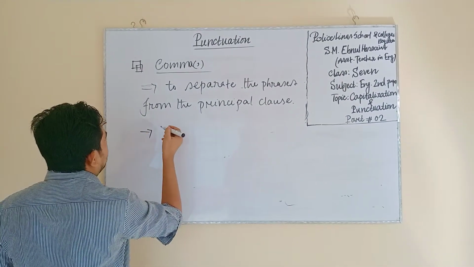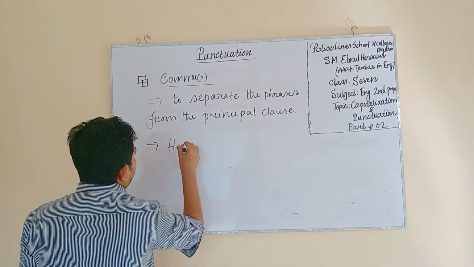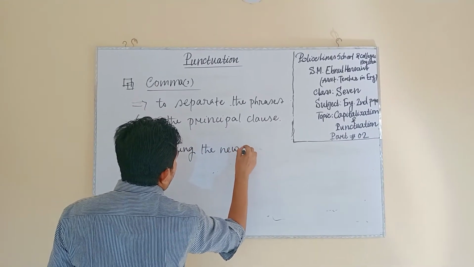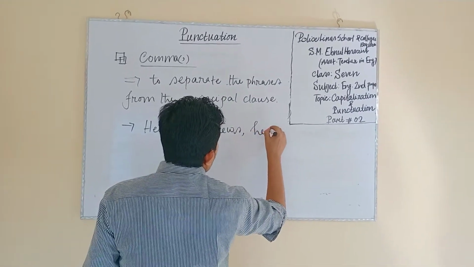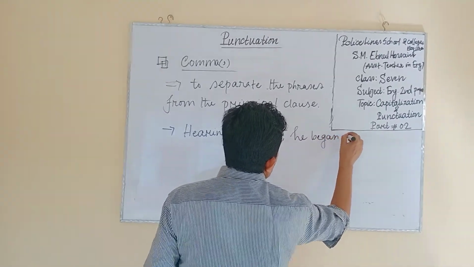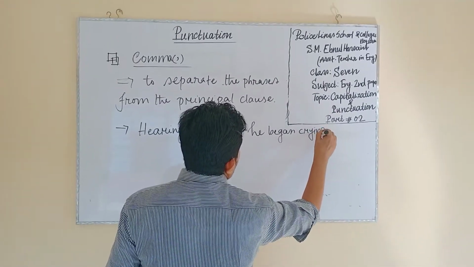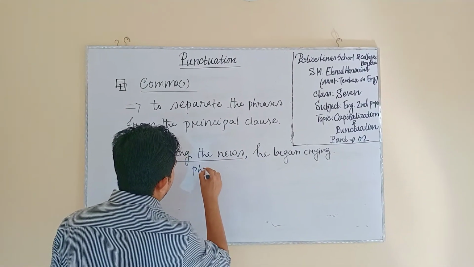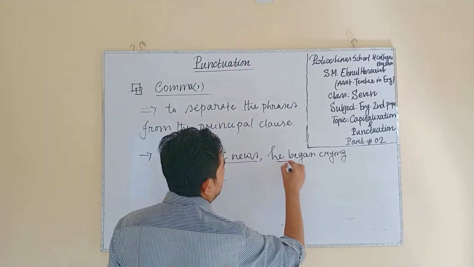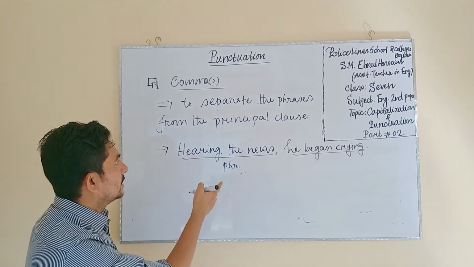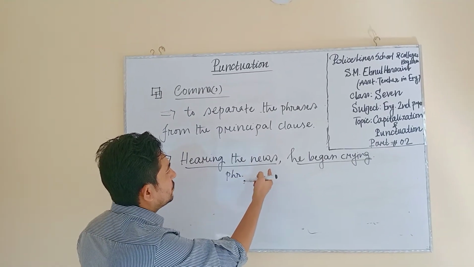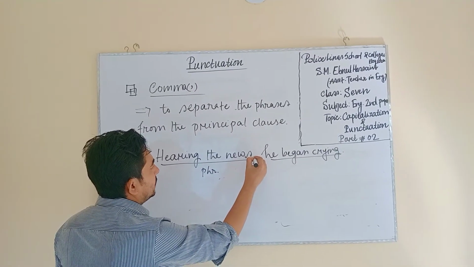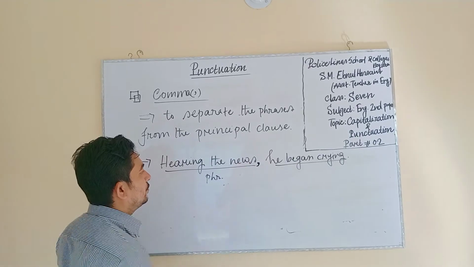Let's have an example: Hearing the news, he began crying. Notice the sentence: hearing the news is the phrase, and he began crying is the principal clause. Here the phrase is separated from the principal clause by the use of comma.